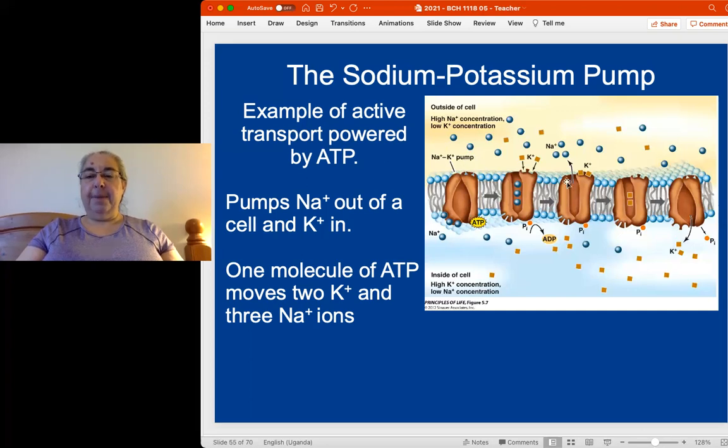Okay, so it's a pumping motion, a cycle that's repeated using ATP, breaking ATP down to ADP and an inorganic phosphate each time, and transporting 3 sodium ions out of the cell and 2 potassium ions into the cell.